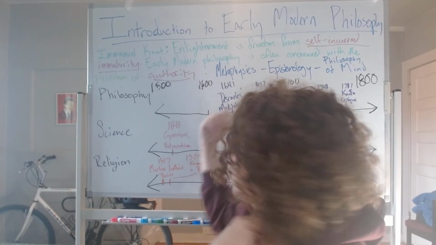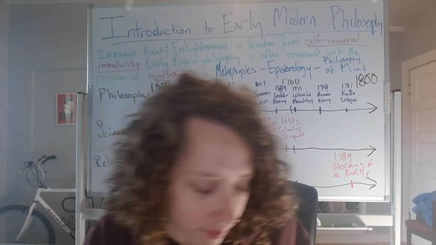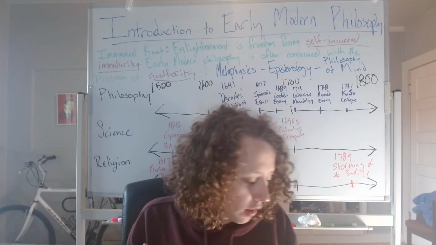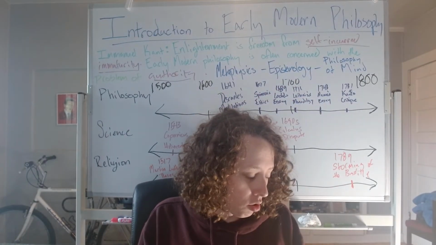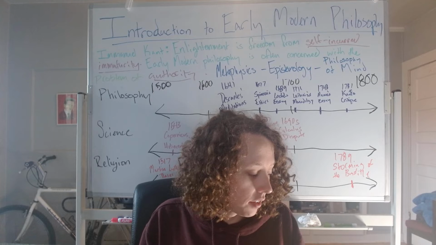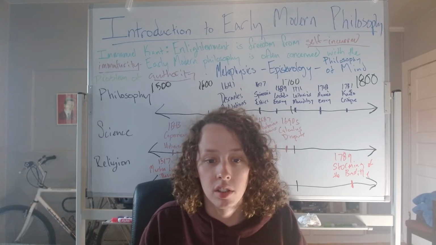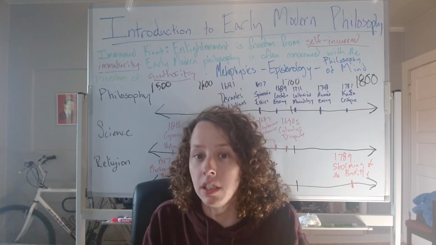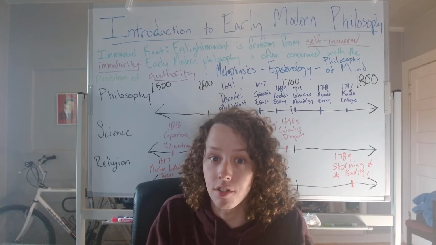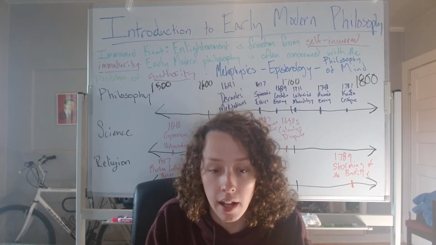Okay, and then finally we have philosophy of mind. Philosophy of mind is a central problem because philosophy of mind concerns our position in nature. What do I mean by that?